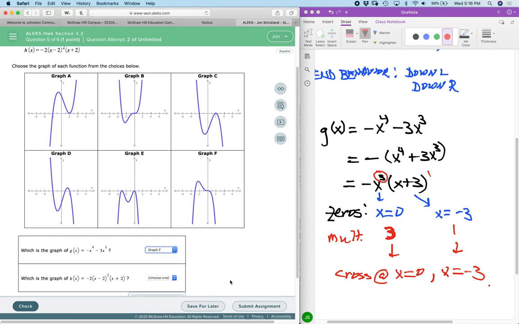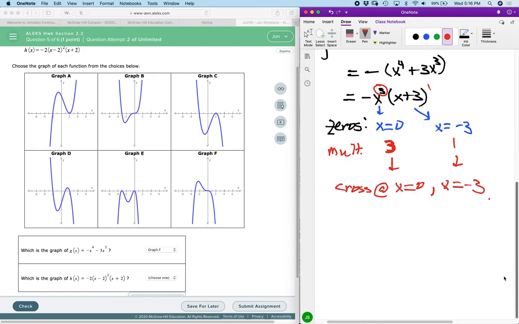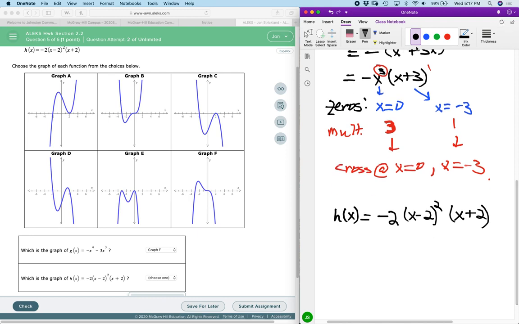Now for the function h of x, we have h of x equals -2 times the square of x minus 2, times the quantity x plus 2. Now for the end behavior, if I look for the highest degree term, we have -2 at the front, then x squared, and x plus 2 is going to be x.